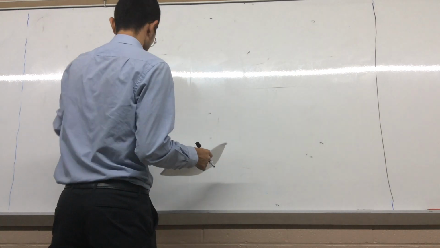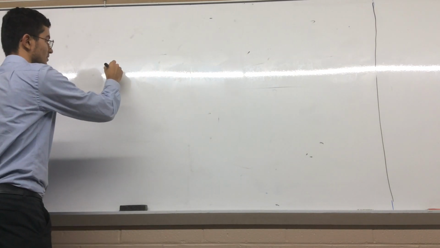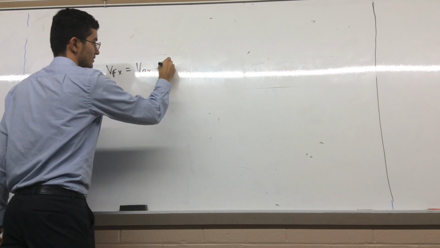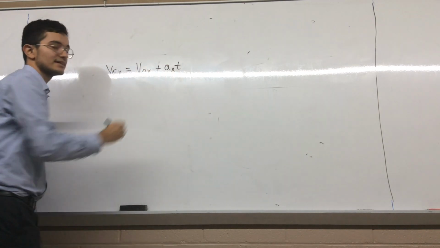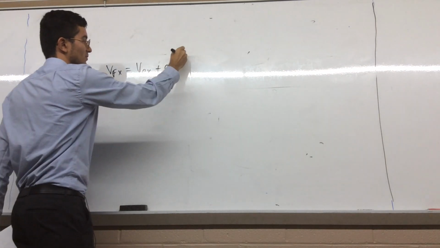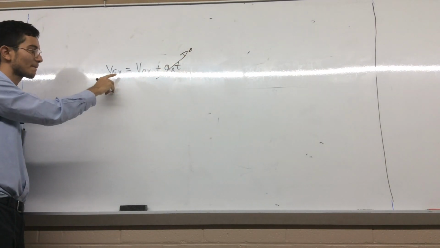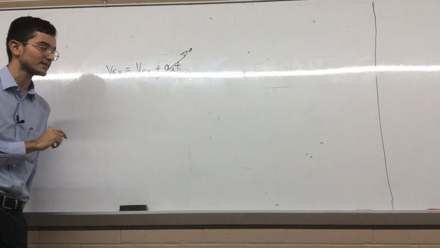Well, look at this. If we have v final x equals v0x plus axt, what is ax? 0. So we can't find the time, since we just know that the initial velocity in the x direction equals the final velocity in the x direction.